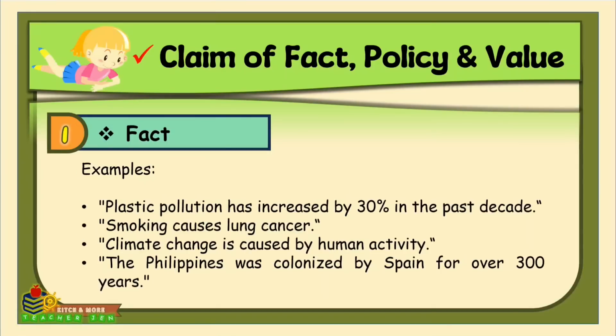Second, smoking causes lung cancer, and we know that it is a fact. And then climate change is caused by human activity. And the Philippines was colonized by Spain for over 300 years. So these are clear examples of facts. They can be proven to be true by evidences, by research findings, etc.